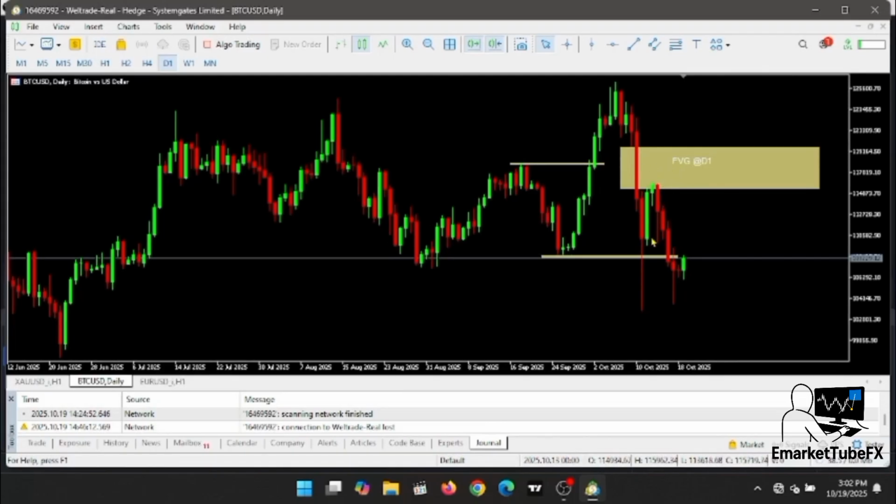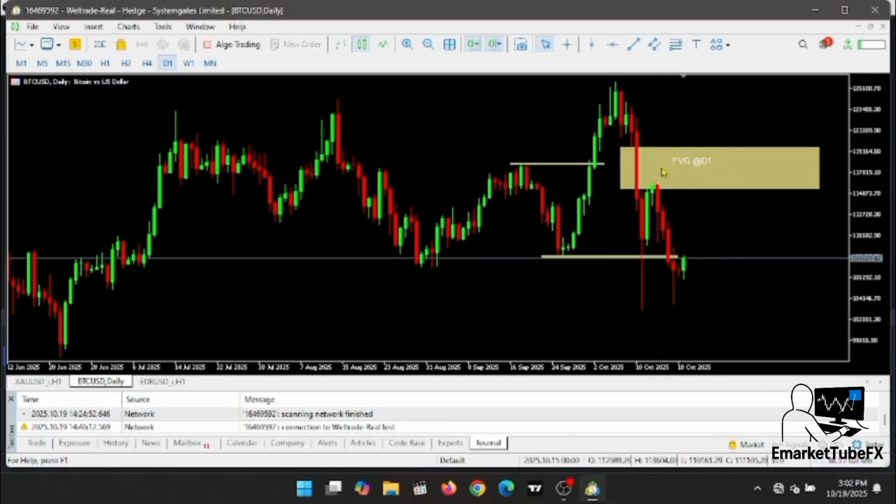But in this case, as I earlier mentioned, when you identify these gaps on the market, make sure that you draw your horizontal bar to identify them, because as price moves, you are looking at 2 things. Either price will fill the fair value gap and continue the bullish move, or in a bearish move, price coming from top to down, when price gets to the fair value gap, it will fill it and continue the bearish move.